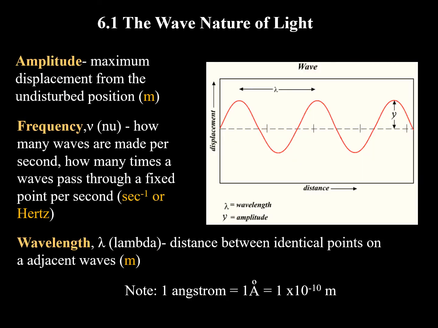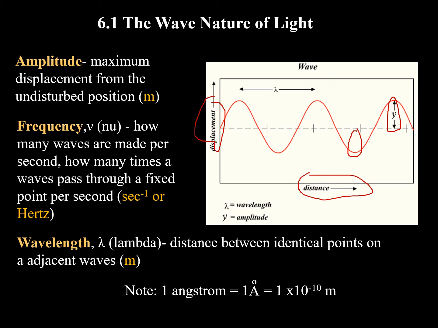If we look at a wave here, we have displacement versus distance. The amplitude is the maximum displacement in y, how high the wave goes or how low the wave goes.